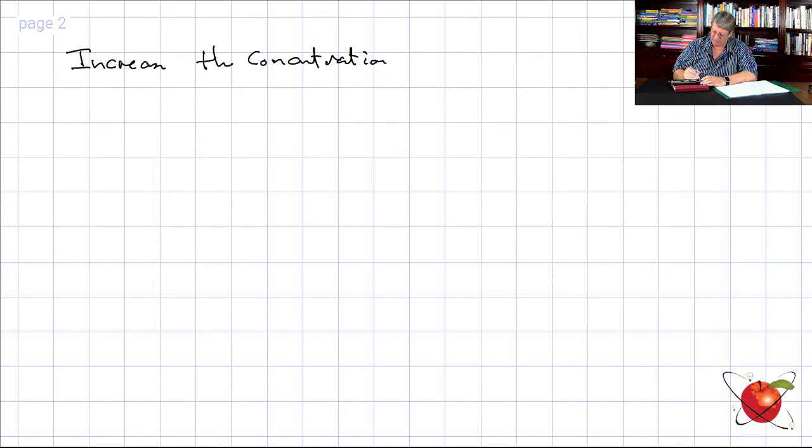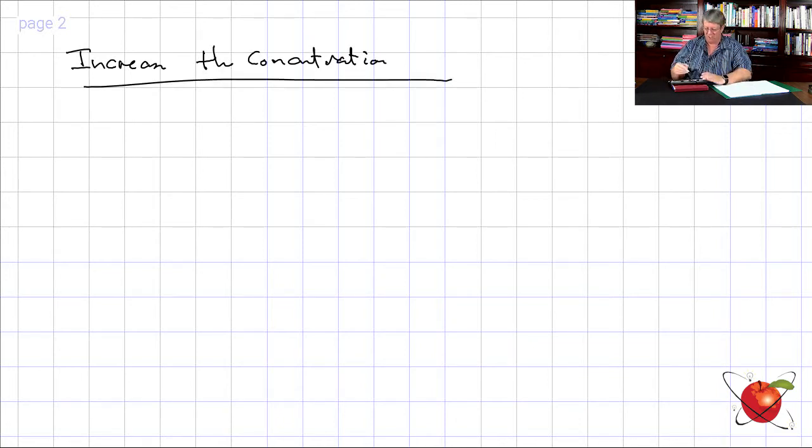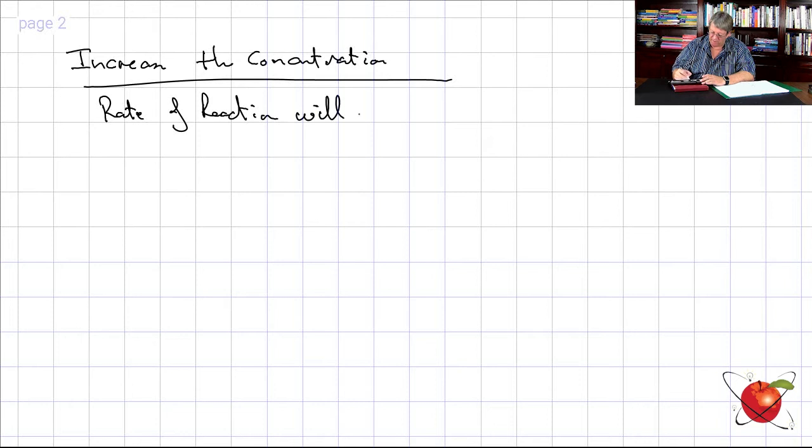If we increase the concentration, the rate of reaction will increase. Correct? We've said that concentration and rate of reaction are related. The more concentrated the acid, the quicker it's going to burn a hole in the kitchen counter. The rate of reaction will increase.